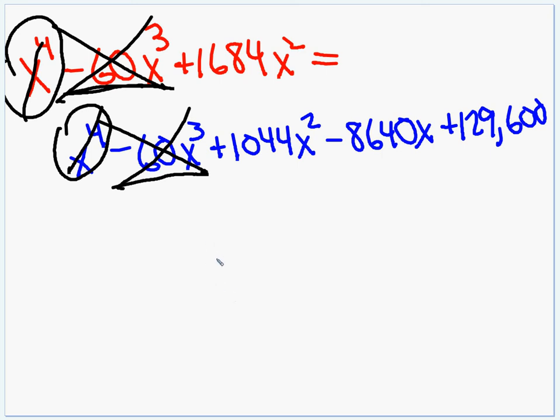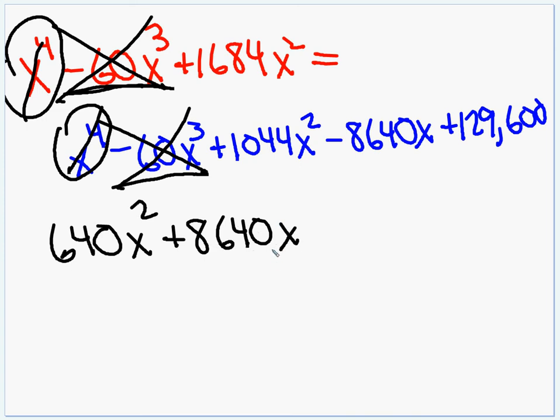Let's see here. If we get all our x squareds on the left, there's going to be 640 of them. And then we'll have a positive 8,640 x to the first minus 129,600. And we're going to set that equal to 0.